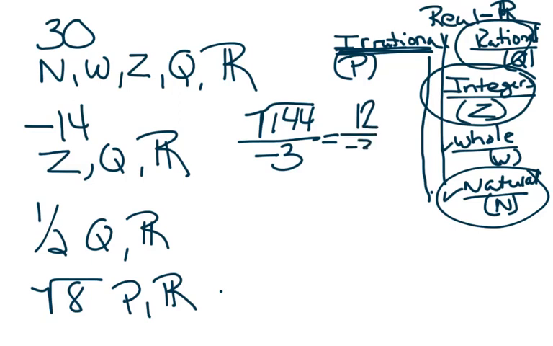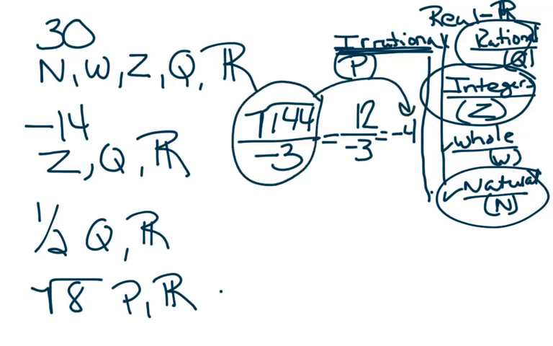Divided by -3 is -4. So you need to simplify it to its as low as it can go. Alright, so -4 is an integer. It's also rational. And it's also real.